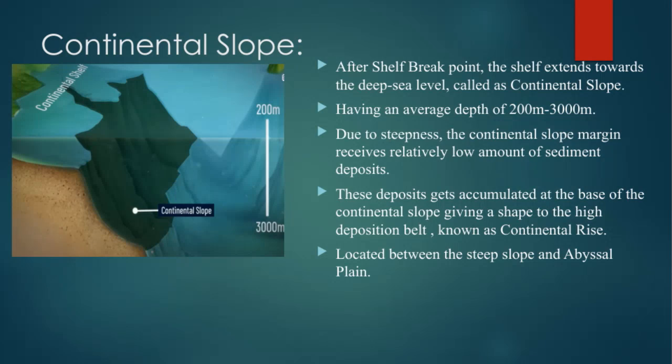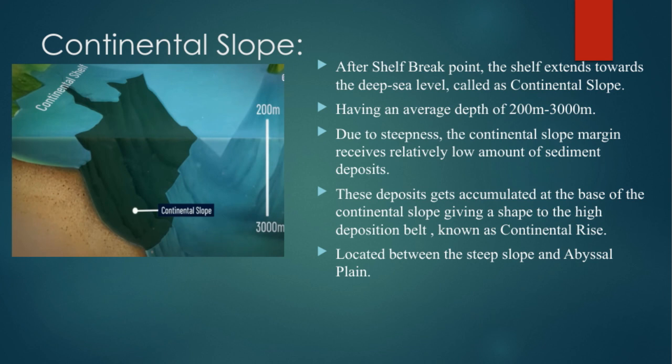Now, after reaching the shelf breakpoint, we see that the continental shelf transitions into a much steeper slope, which is called the continental slope. This slope extends downward towards the deep sea level, and its depths typically range from about 200 meters to 3,000 meters. Because of its steepness, the continental slope doesn't accumulate as much sediment as the shelf does. Instead, sediments tend to slide down and gather at the base of the slope, forming what we call the continental rise.